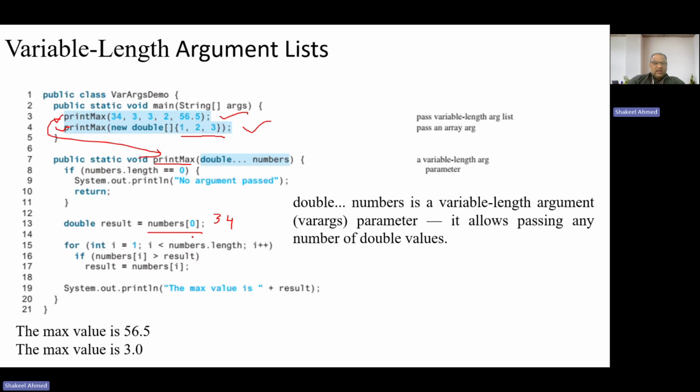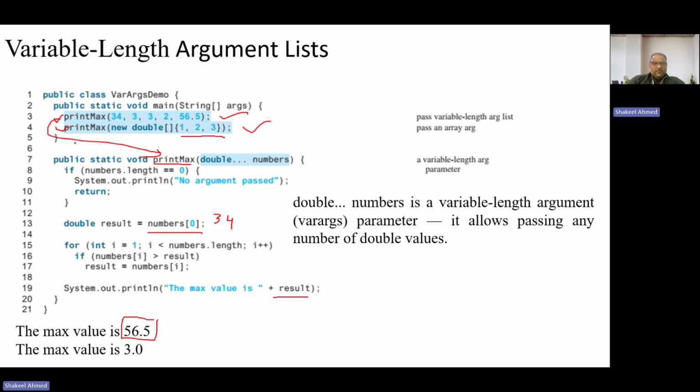For i equal to 1, i less than numbers.length. The length is 0, 1, 2, 3, 4, so 4. If numbers[i] is greater than the result 34, then the result will be numbers[i]. The second number is 3. If it is bigger, it will take it. We keep repeating until it finds the biggest number. So you get the result as 56.5.